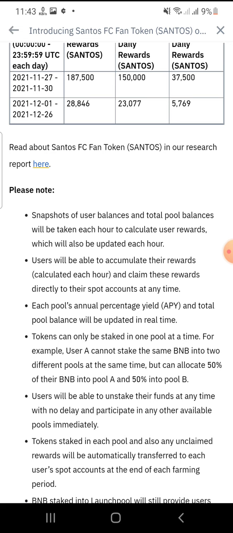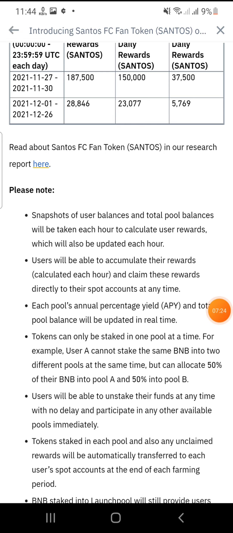Each pool's APY and total pool balance will be updated in real time. Tokens can only be staked in one pool at a time. For example, a user cannot stake the same BNB into different pools at the same time, but can allocate 50% of their BNB into pool A and 50% into pool B. Okay, understand?